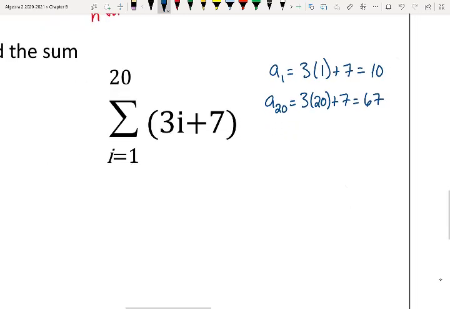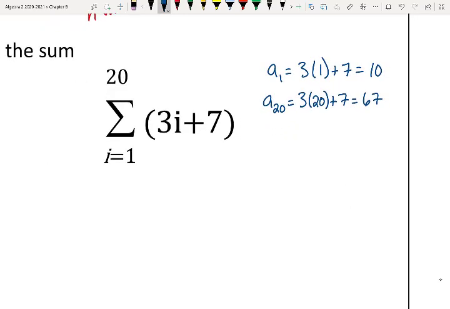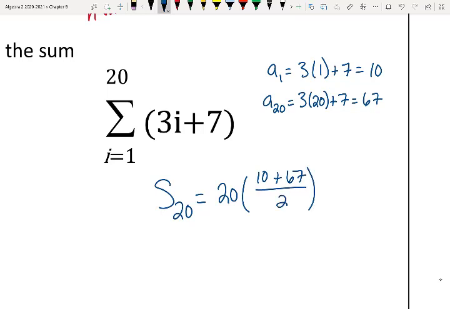So now we can go ahead and jump into the formula. We know we're trying to find the sum of the first 20 terms, and that's equal to 20, since that's my n, times 10 plus 67 all over 2, and that's my formula. So again, we're finding the average value of my terms, and then just multiplying by how many terms there are.